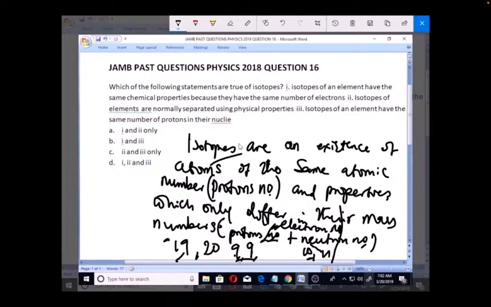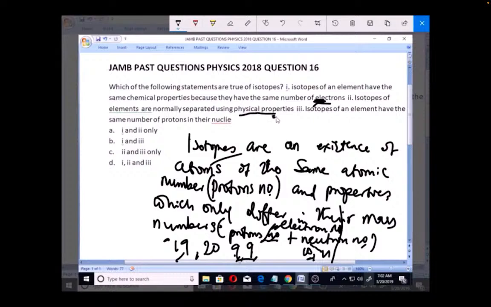So from this we can easily pick out the answer, because I says isotopes of an element have the same chemical properties because they have the same number of electrons. Yes, because the proton number is equal to the electron number, isotopes have the same number of electrons. So I is correct. Now, isotopes of elements are normally separated using physical properties.